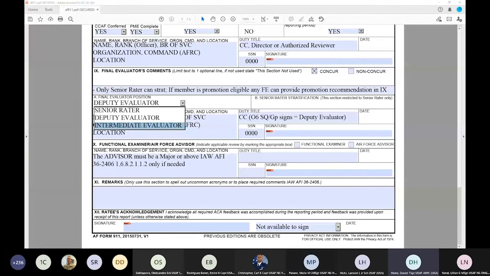It shouldn't change too much if the member's rater is just a different status than them. So it's based on the military organizational chart, not on the civilian? Right. It would be the military chart, because it is the actual military performance report, not the civilian one.